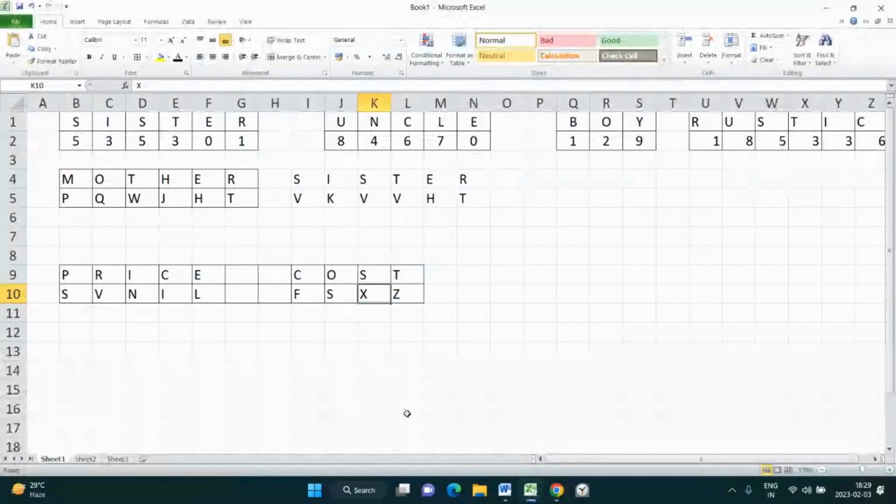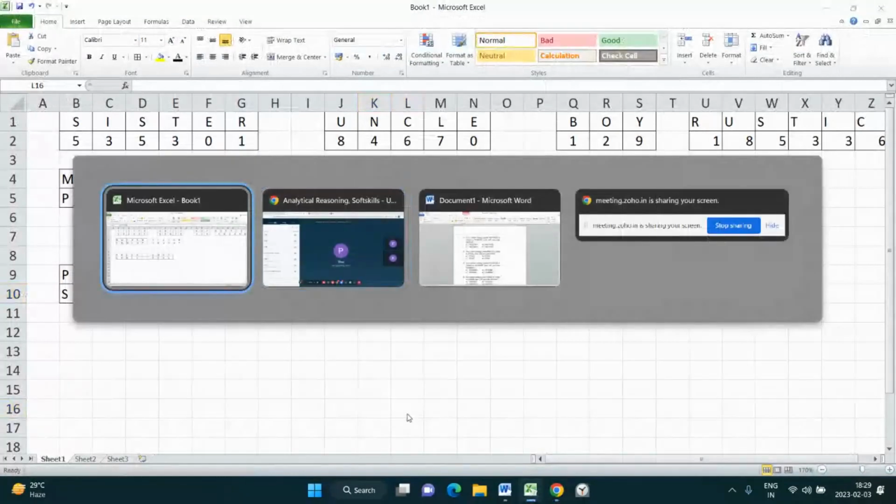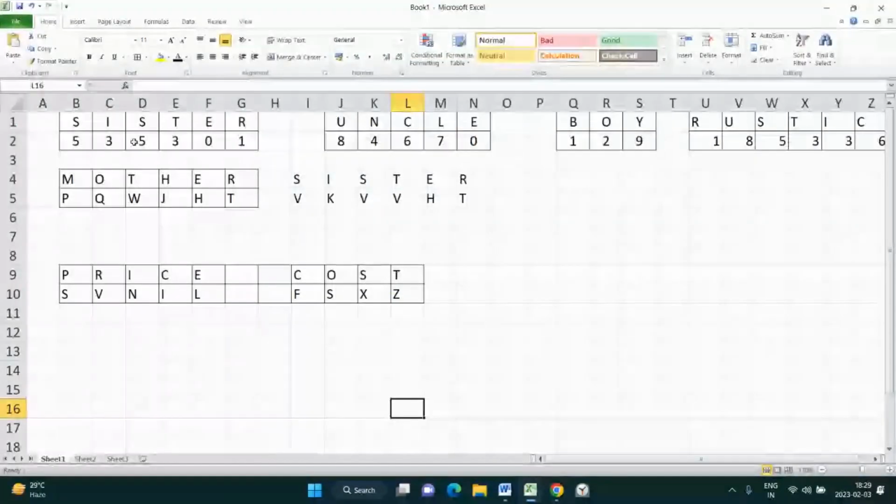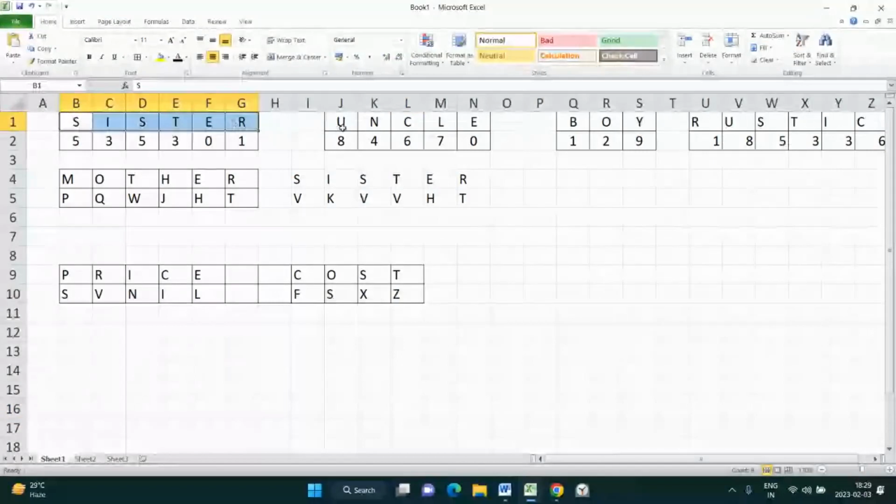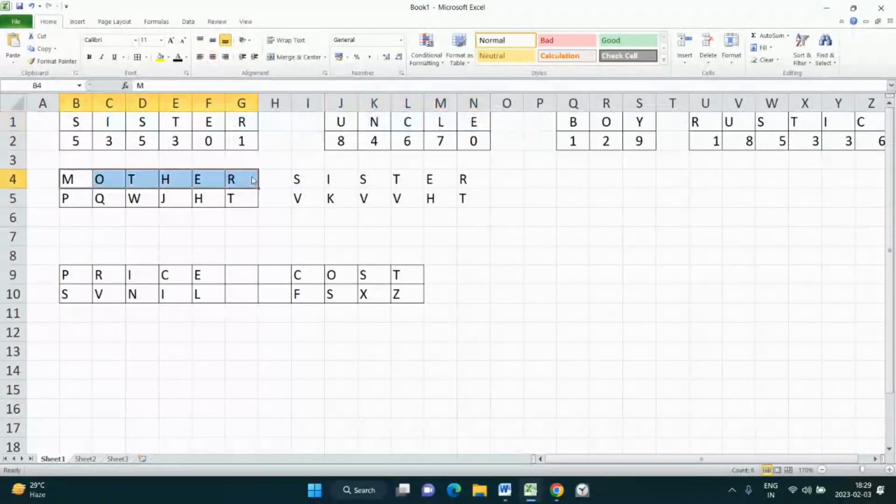So now again, you have to understand one thing. This is 6 letters and this is also 6 letters. It need not be the same. It can also have different combinations. This need not be the same as this, but this cannot be lesser than this.